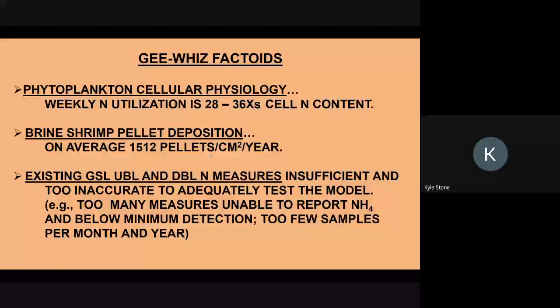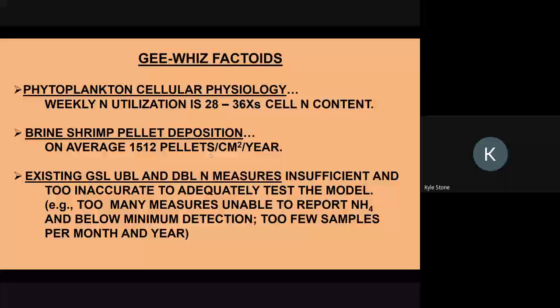Phytoplankton cellular physiology. I never thought I'd be reading papers on phytoplankton cellular physiology. But with the model, when I first ran the model, there was a problem. You would expect that the phytoplankton, when they're out there by themselves and not being grazed upon, should be reducing nitrogen to essentially zero, based upon the mass of phytoplankton out there and the nitrogen content of their bodies. And they're not.